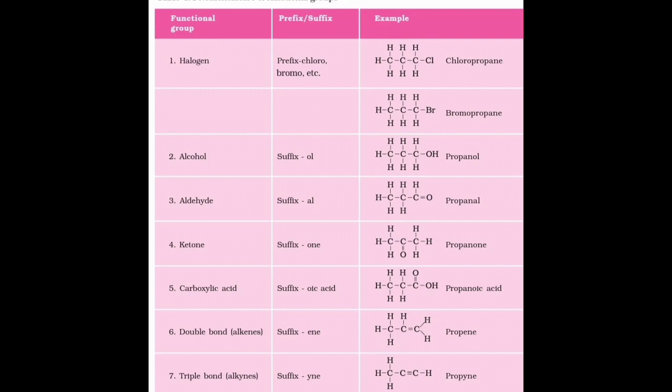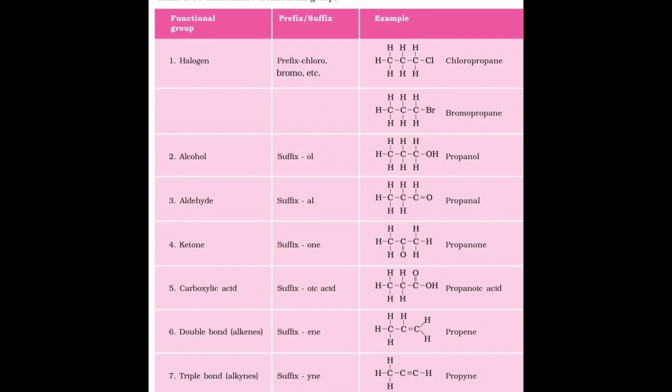Now we'll look at the halogen one. For the halogen, the functional group is described by the prefix part, and the alkane is written at the suffix side. So as chlorine is present, we'll write chloro.